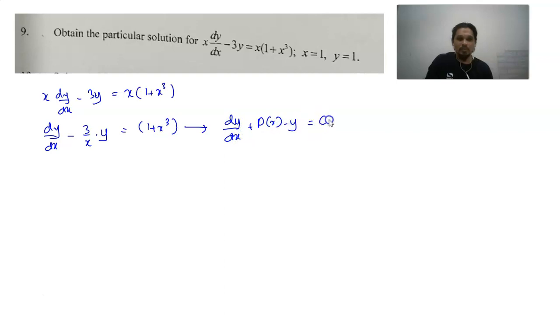So we divide by x here, here, and here. Then dy/dx minus 3 over x times y equals x divided by x times (1 plus x cubed). So this is exactly in the form dy/dx plus P(x) times y equals Q(x).